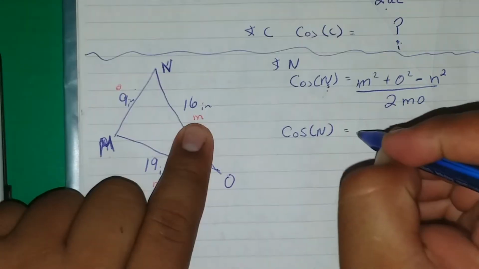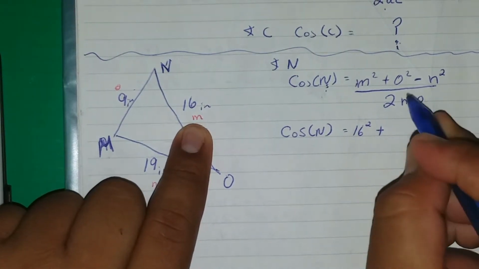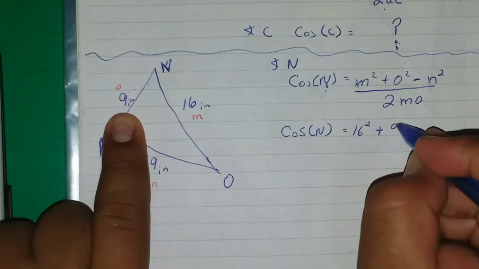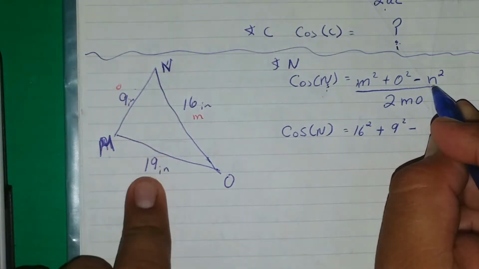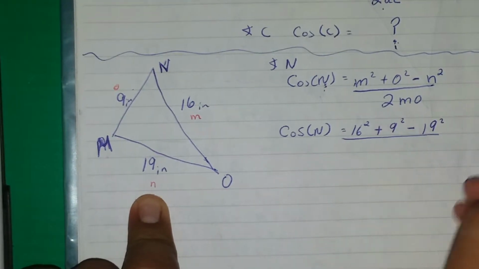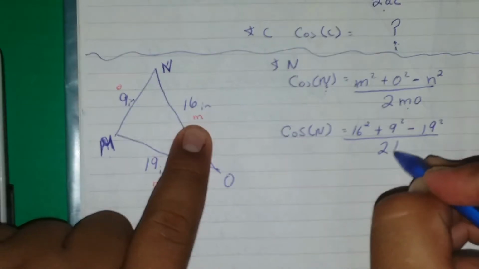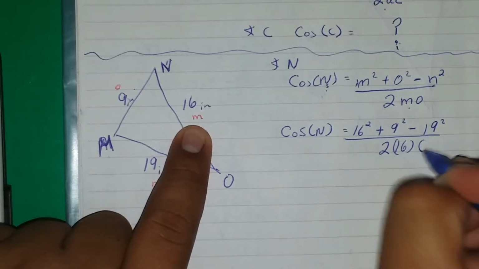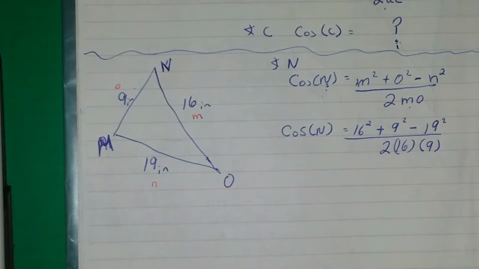M is going to be 16 squared plus O is going to be 9 squared minus N is going to be 19 squared over 2 times M, 16, and then times O, which is 9. Alright, so far so good.